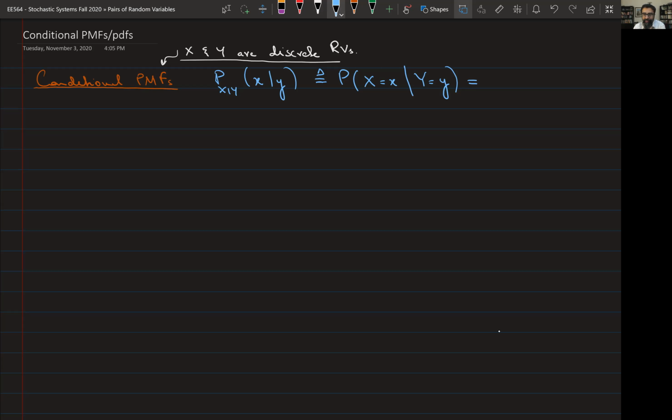Exactly, right? So this is just the idea that we perhaps talked about in lecture 1 or lecture 2. So this is just the probability that capital X equals small x intersection with capital Y equals small y. So it's a joint probability of these two events divided by the probability that Y equals y, right?